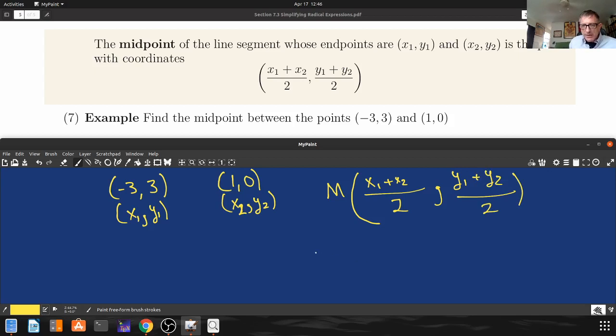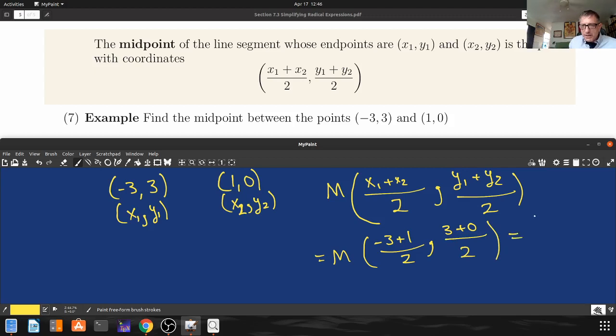So let's do that. That's equal to x1 plus x2, minus 3 plus 1, divided by 2, comma, y1 plus y2, 3 plus 0, divided by 2.